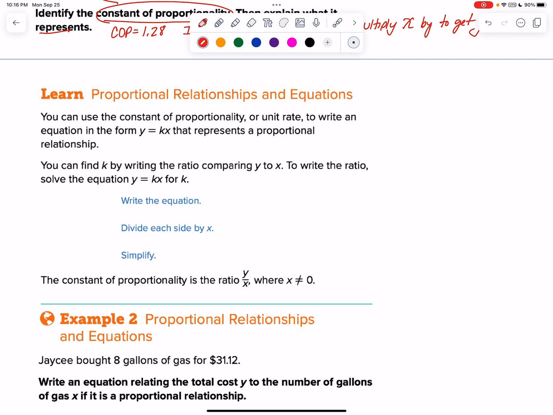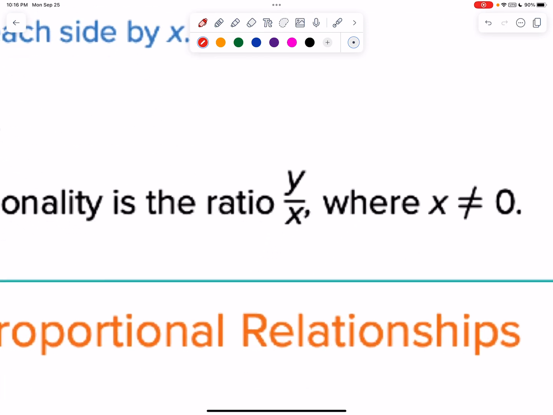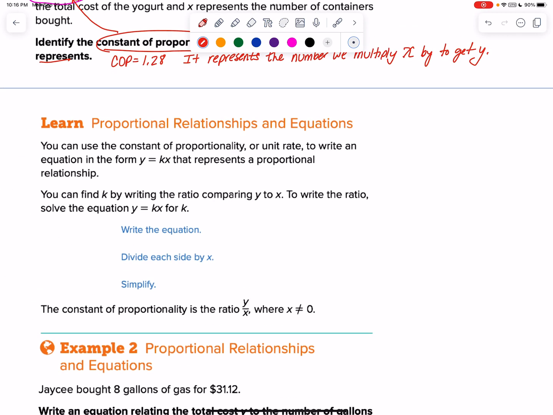So let's go ahead and explore this a little further so you understand why we get that equation, and also where we get this y over x. It says you can use the constant of proportionality or unit rate to write an equation in the form of y equals k times x. That's the equation that represents a proportional relationship.